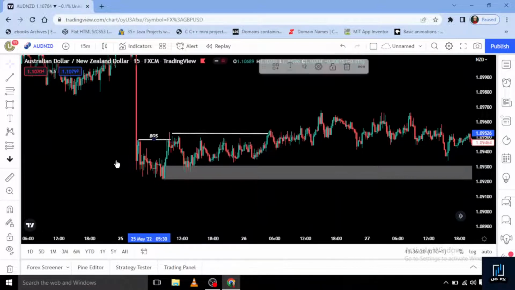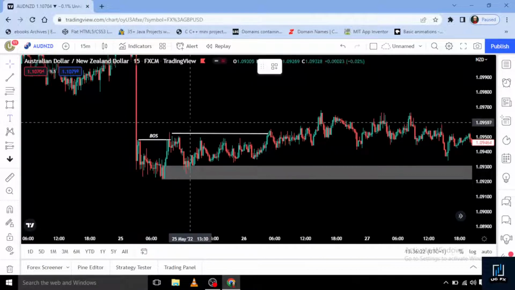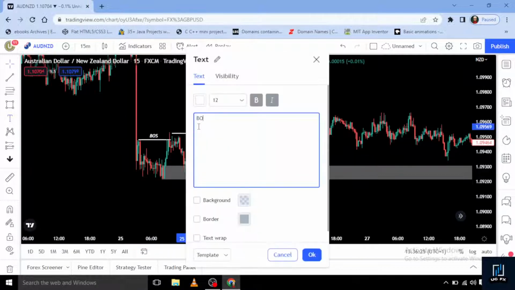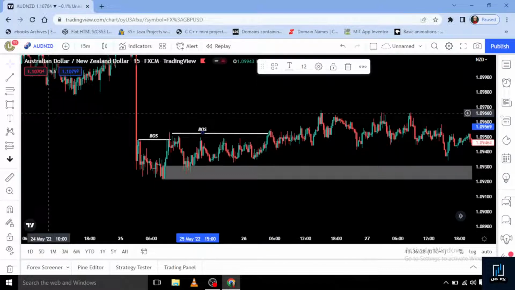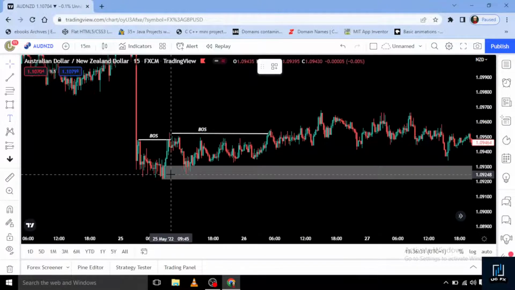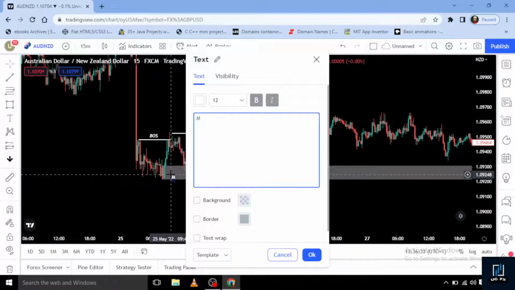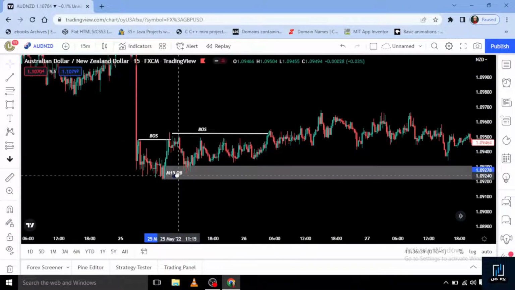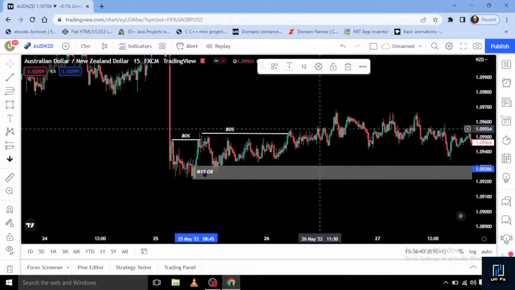We have a break of structure. Then you have an M15 order block. Here is our order block. So we had a break of structure.